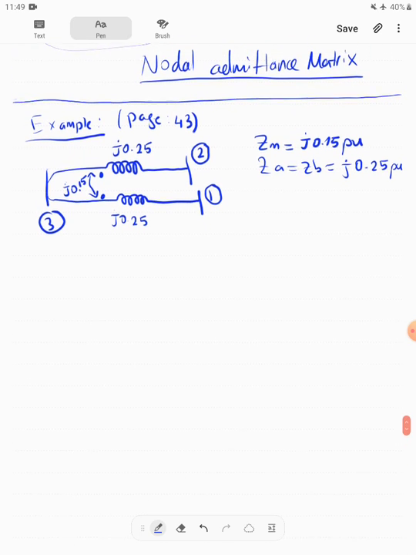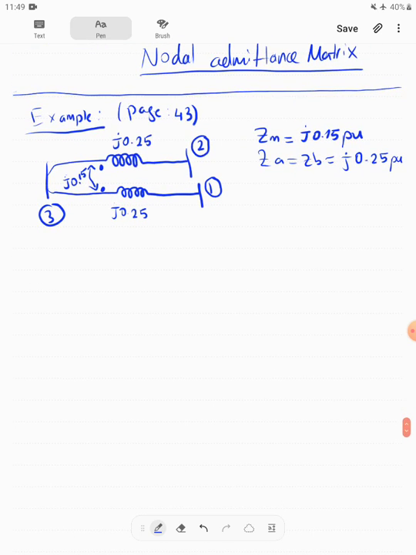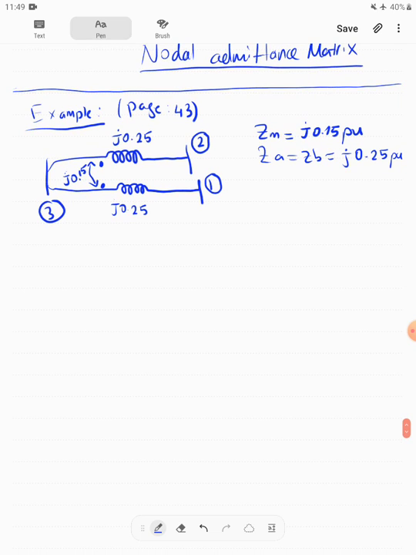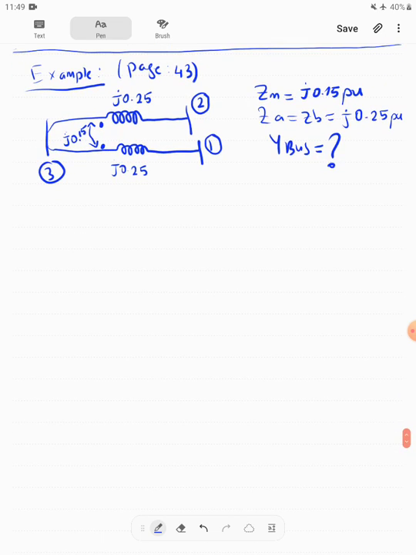So this is the description of this little power system involving 3 buses and 2 transmission lines. The question is, find the nodal admittance matrix for mutually coupled branches and write the corresponding nodal admittance equations. Yes, Y bus is our question. What is the nodal admittance matrix of the system?